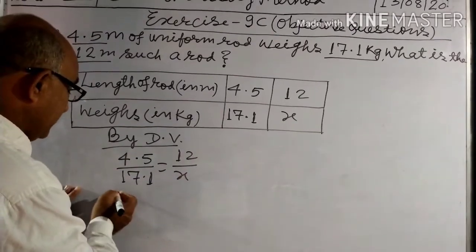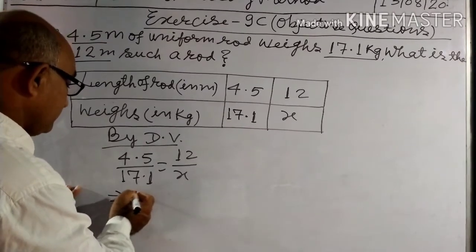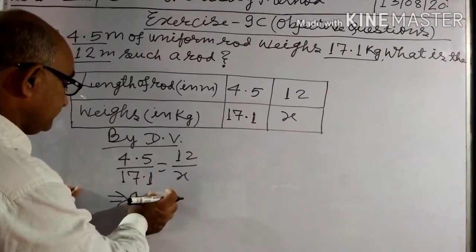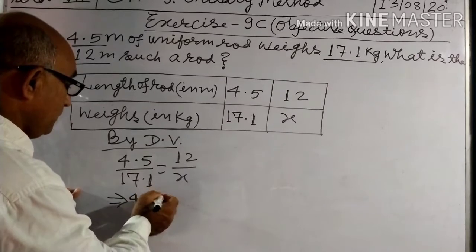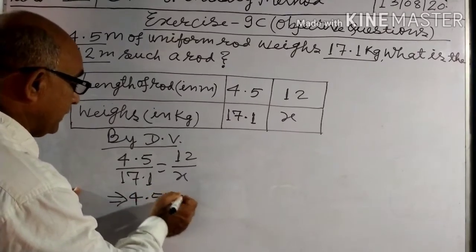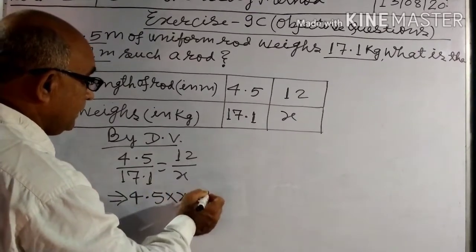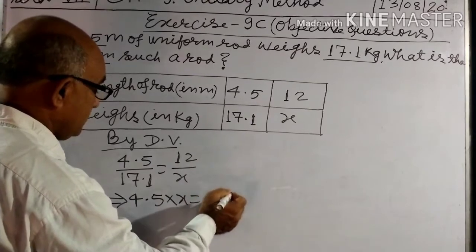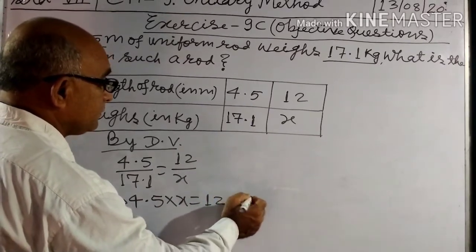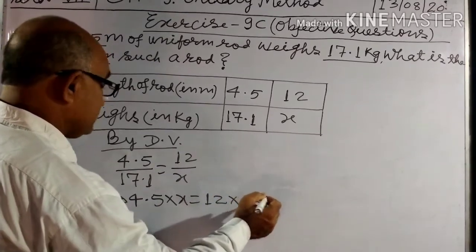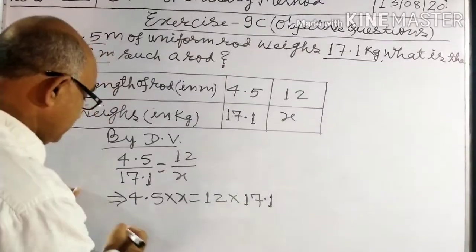By cross multiplication, 4.5 into x equal to 12 into 17.1.